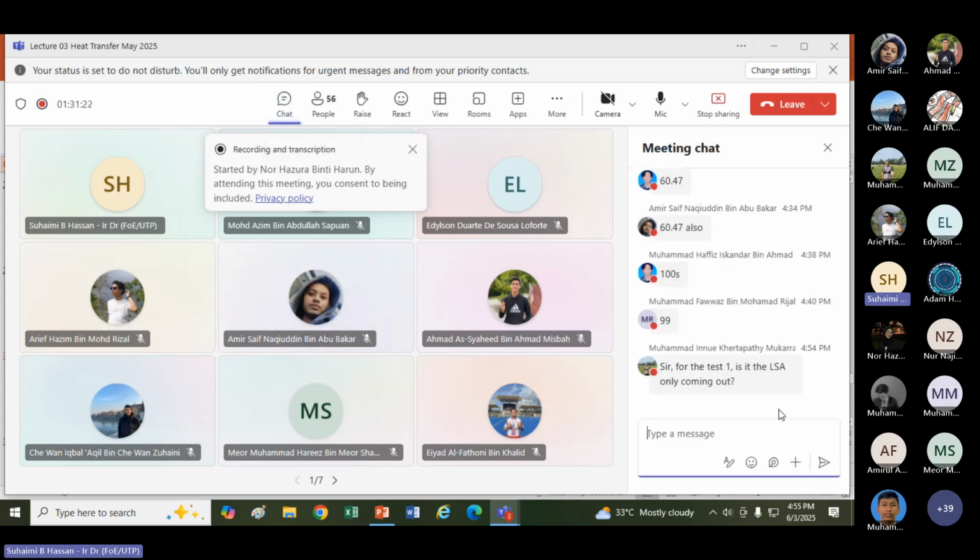Sir, for the test one, is there lump system? Belum lah bang, belum siap. I'm not discussing it yet. But test one, sama ada ni atau ni. That's why I said to respond to your question: if I decide, let's say in the final, OTA will be in the test.